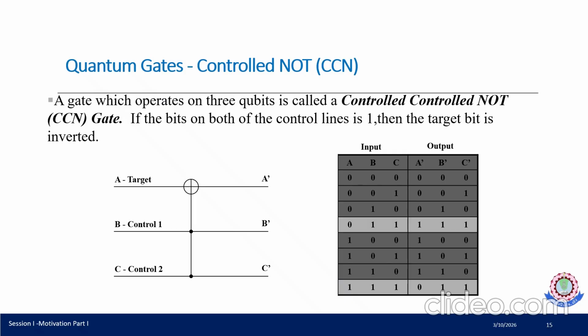By using that logic, we can read the truth table. 000 reveals 000, 001 reveals 001, 010 reveals 010, and 110 reveals 111. If both control lines are 1, you get the target inverted. So this is termed a CCN gate.